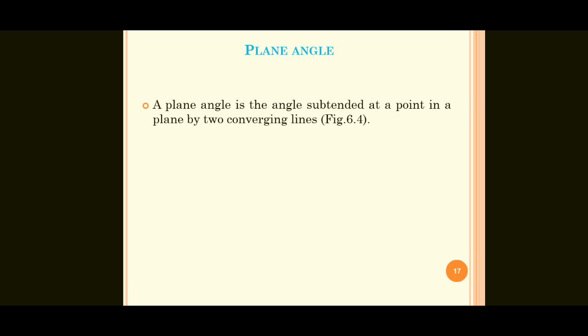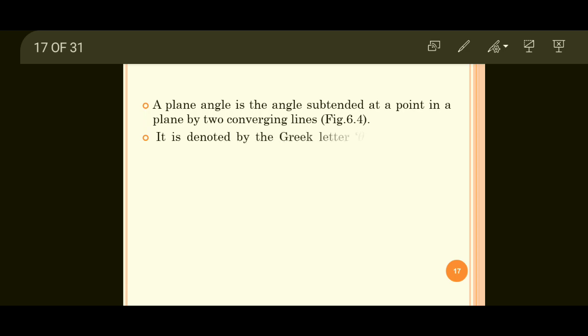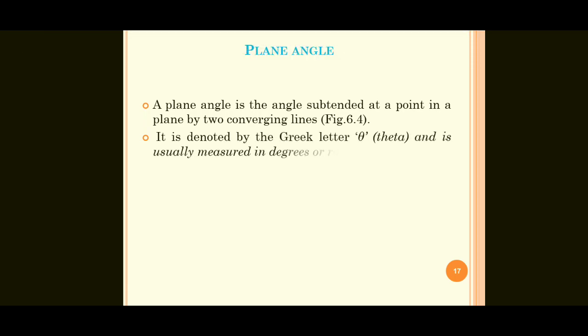Instead of figure 4, it is typed as 6.4. I am extremely sorry, it is figure 4. It is denoted by the Greek letter theta. Plane angle is represented by the letter theta and is usually measured in degrees or radians.